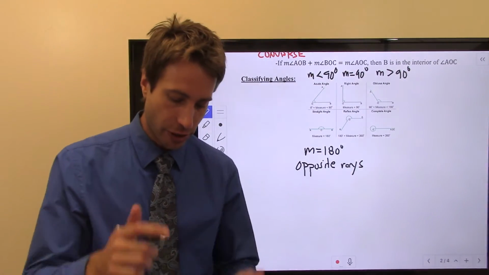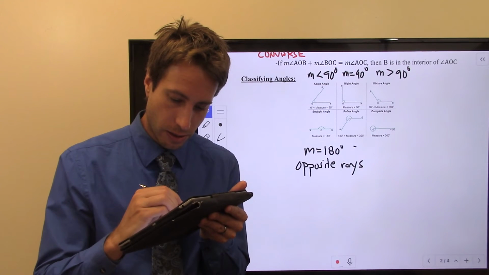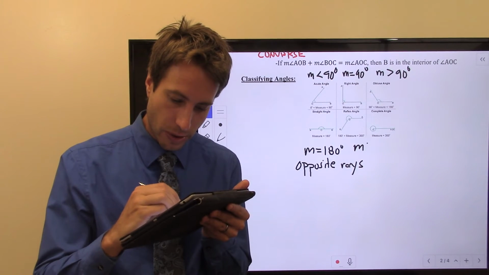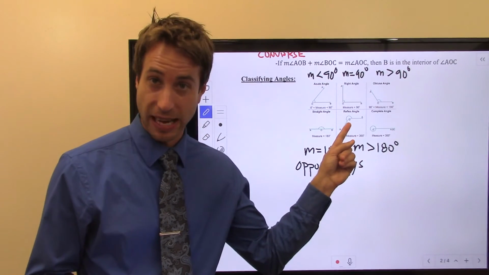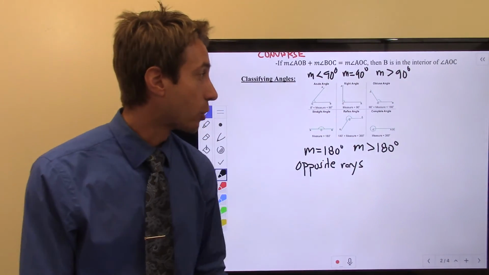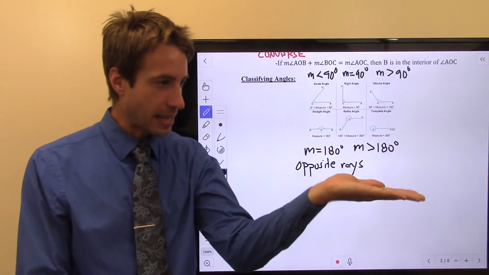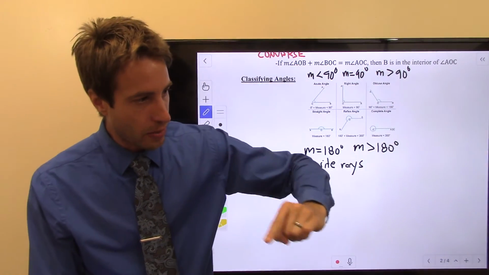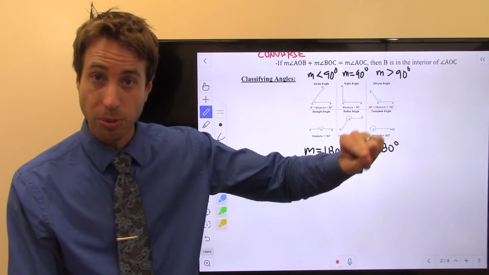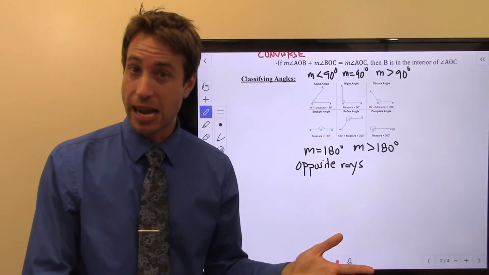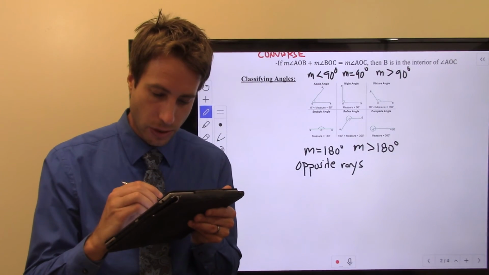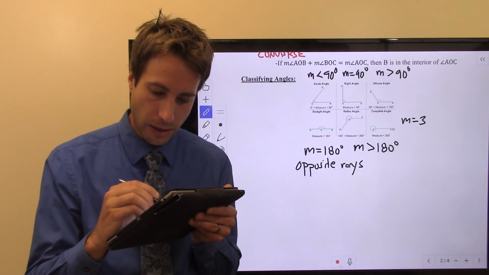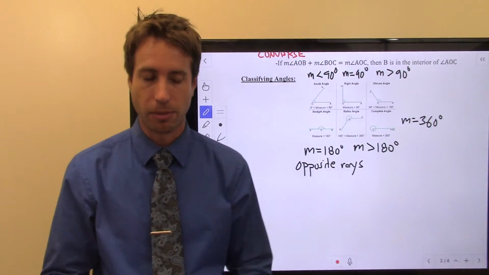So when the measure is greater than 180 degrees, you are going to be a reflexive angle. And then, of course, finally, a complete angle. If you start at 0 and you go all the way around that circle back to the starting point, you've got a full 360 degrees or a complete angle. So m is equal to 360 degrees. All right, so just a little bit more terminology for you.